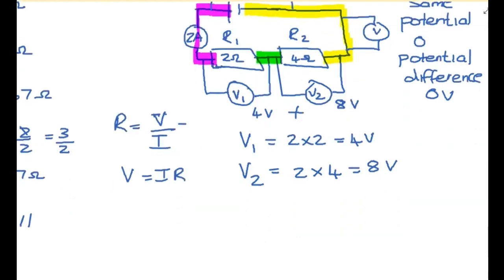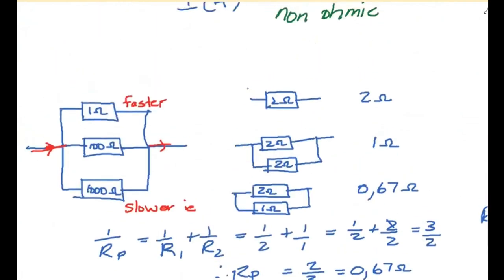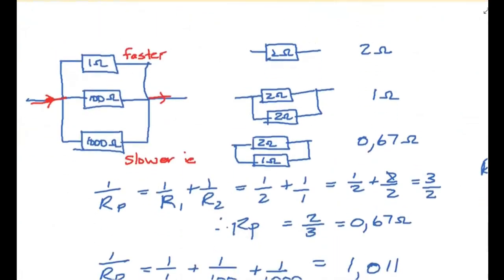But when you're in parallel, as a charged particle or as a person going through a till, as in James's example, you've only got to go through one or the other. Depending on, as James was saying, the 1 ohm is someone who can let people go through quickly.